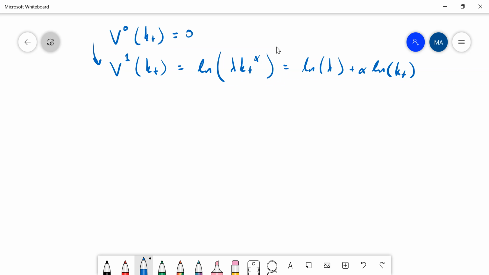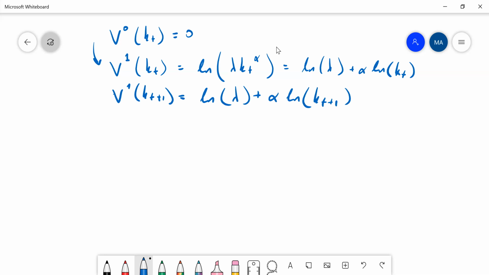Now you can start understanding the notion of the contraction mapping, right? Now it will take me to the correct value step by step. Okay, so now I have V1 kt, so I have V1 kt plus 1. This is very simple. I have ln lambda alpha ln kt plus 1.